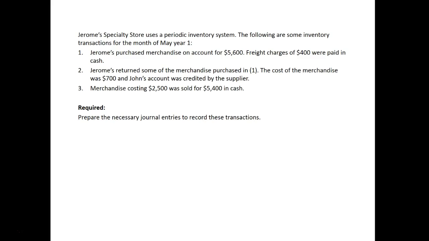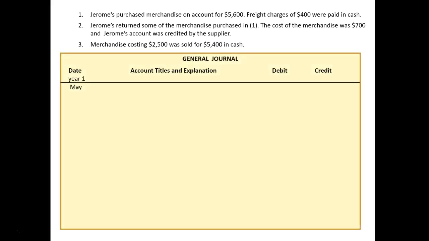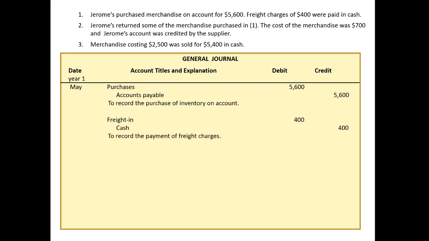If we look at 8.2, we're going to use the periodic inventory system using the exact same information. So, the first thing we're going to do, instead of using the term inventory, under the periodic system we use purchases and accounts payable. Then for the freight, it won't go into inventory, it goes into an account, freight in, debit.